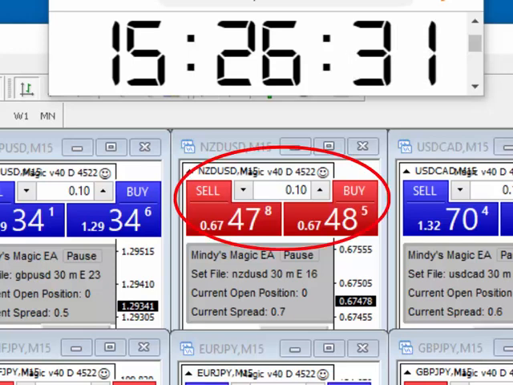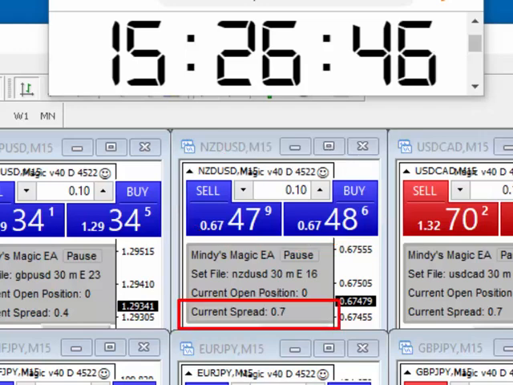You're probably very familiar with watching the prices in the price box fluctuate, right? They go up and down all the time. The numbers on the buy side and the sell side change almost constantly. But what you're probably not as aware of is how much variance there is in the spread from one moment to another.